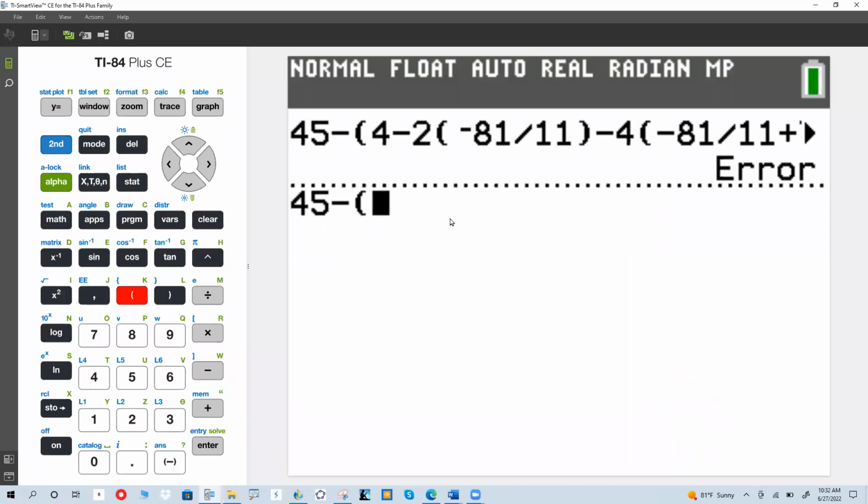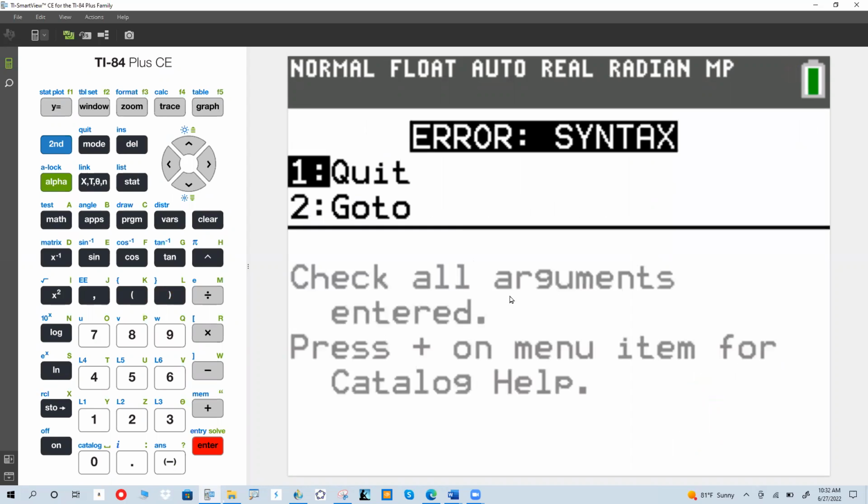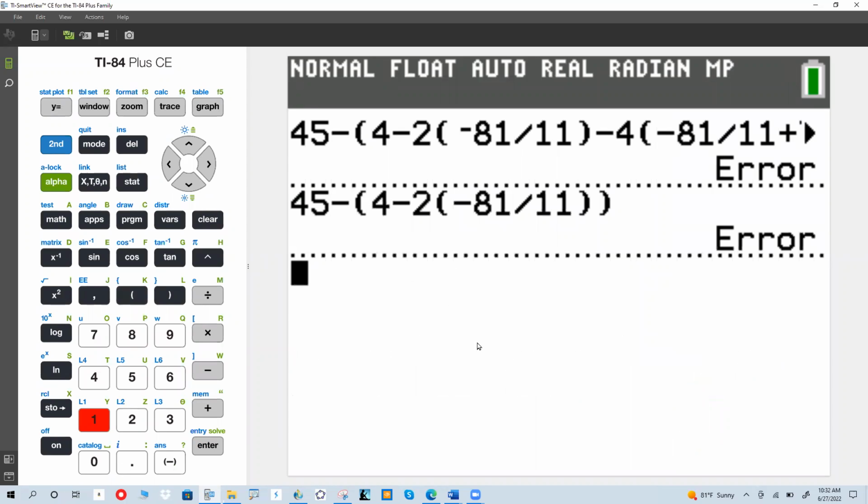Minus 4 minus 2. There is a shortcut I'm going to use. Negative 81 over 11. Okay, I'm going to hit enter. I see what they're trying to say. I have to use second bracket. Some calculators are funny about that.